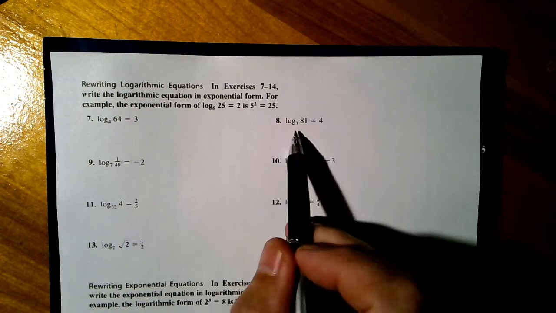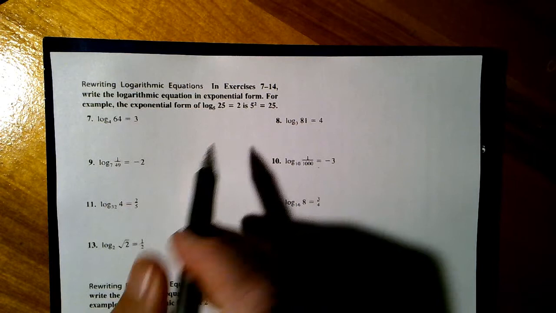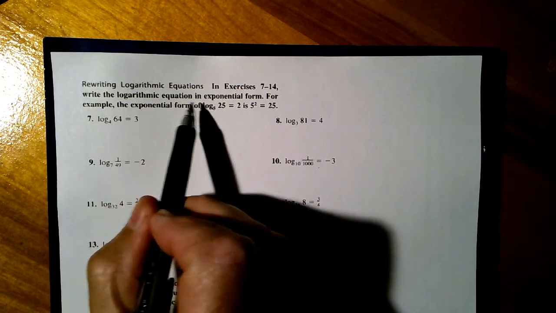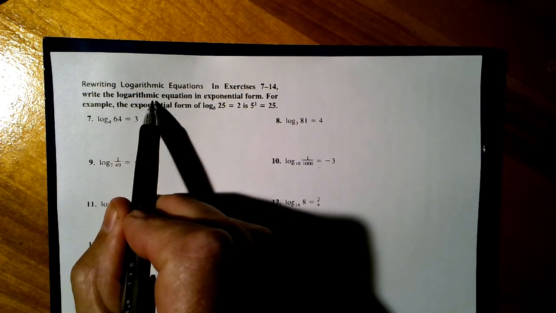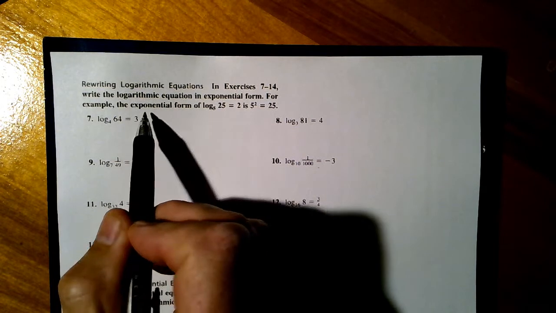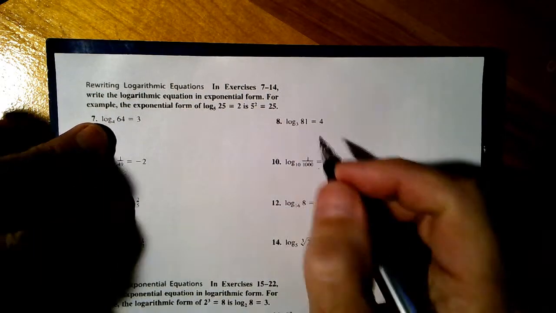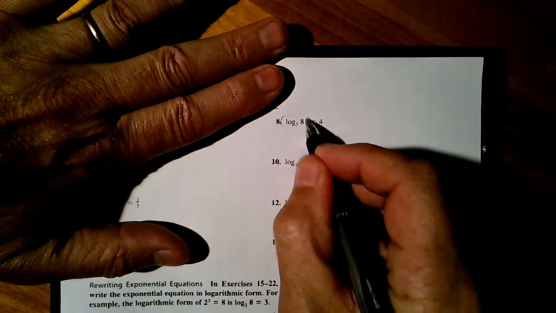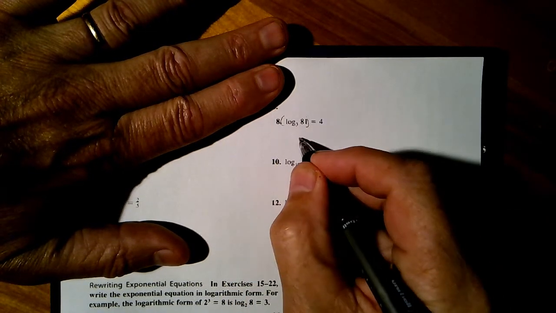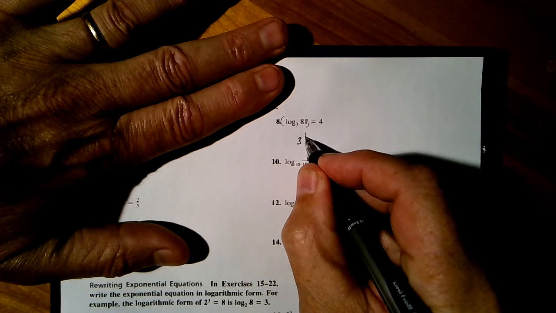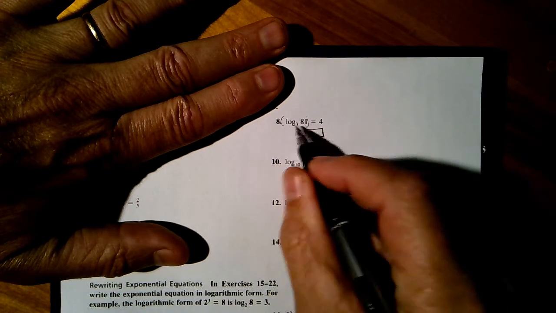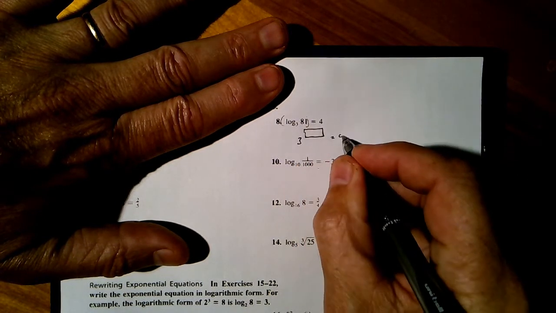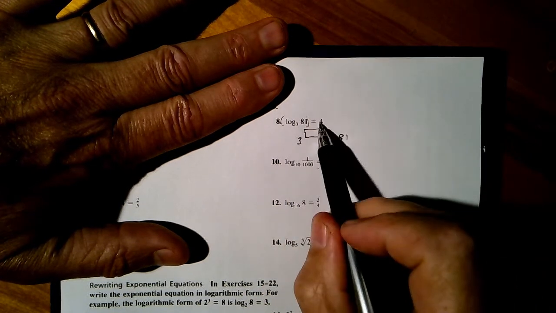Okay, there's nothing to solve here. There are no x's, but we're going to change the form of these. Write the logarithmic equation in exponential form. And they give us an example, but watch this. This is the exponent that turns 3 into 81. Forget about the 4 for right now.